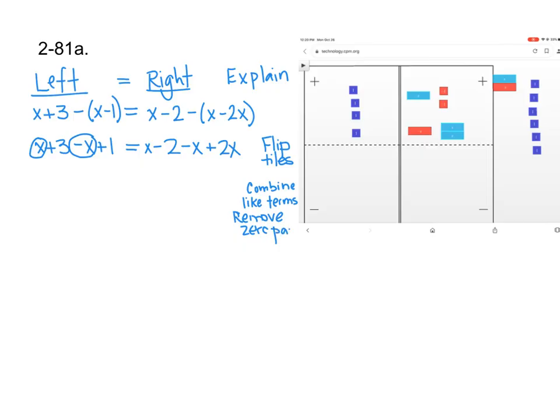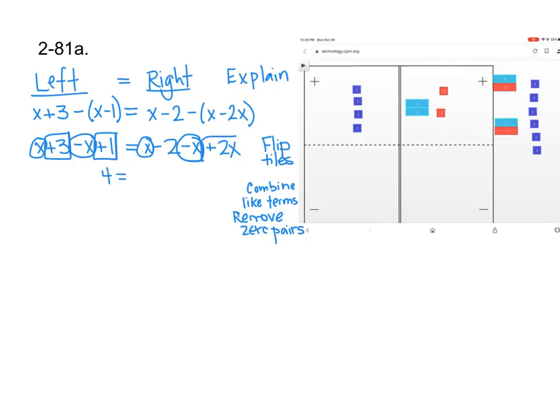On the right-hand side here, I see another zero pair. A positive x tile and a negative x tile equals 0, so I will remove that as well. Now on the left-hand side, I am left with 4. And on the right-hand side of the equation, I am left with 2x minus 2.